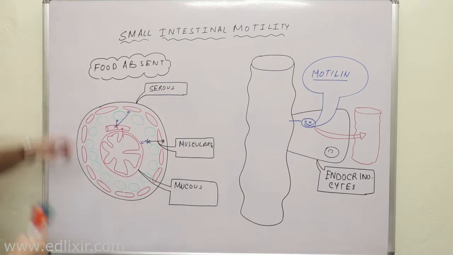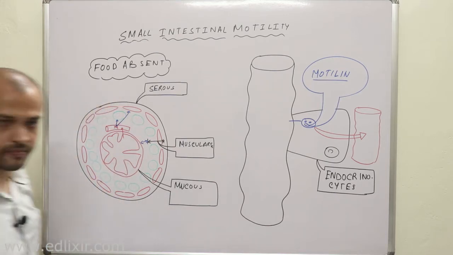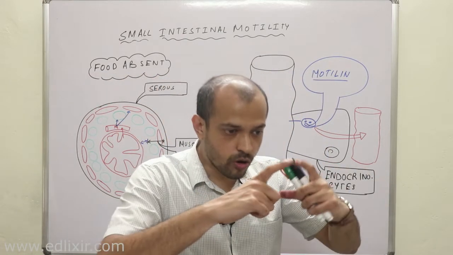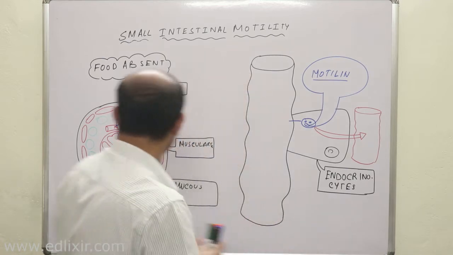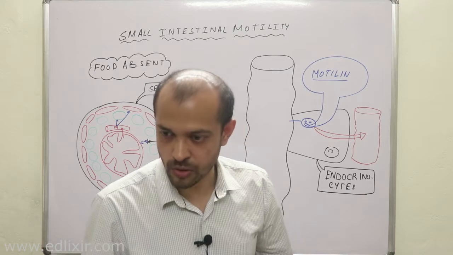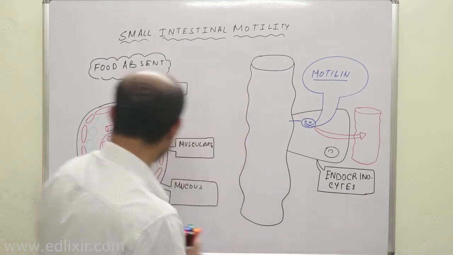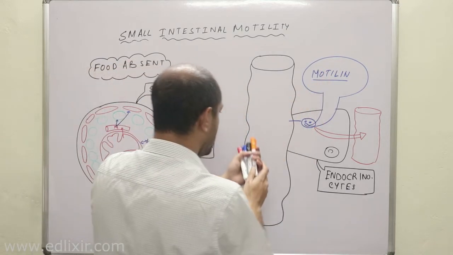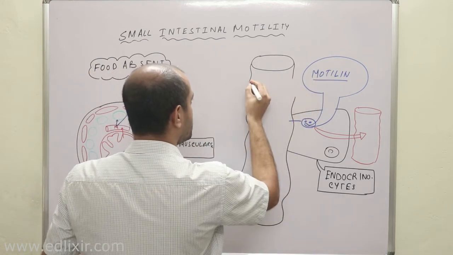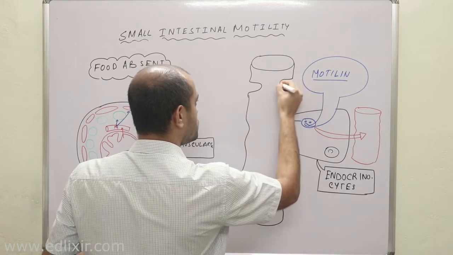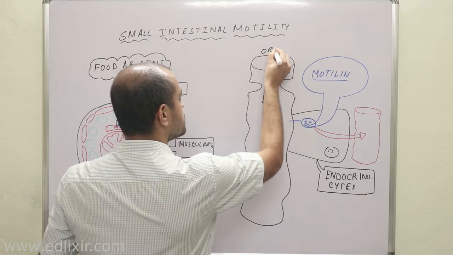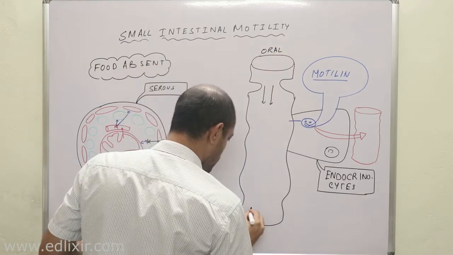When it activates the muscle layer, almost weak, but not that weak, contractions will occur, and these contractions will continue like a ring up to the end of the small intestine. So this is the oral surface and this is the aboral surface.